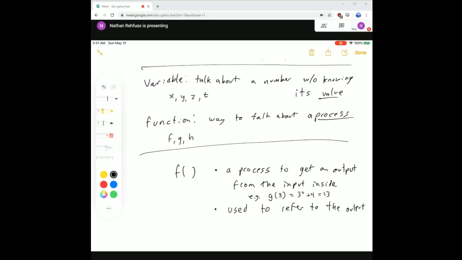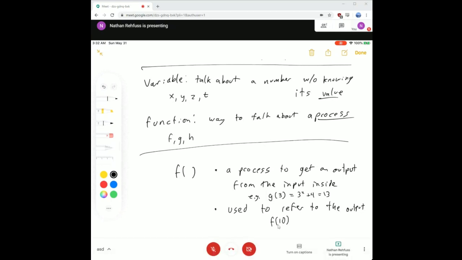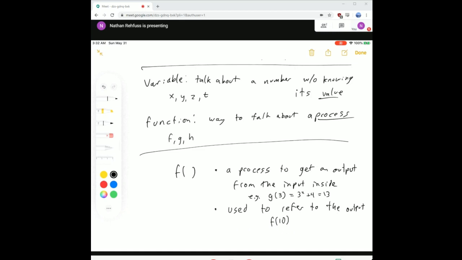Or I could also use it to refer to the output. So I want to talk about the number f of 10, even if I don't know the rule for x. I can treat f of 10 like an unknown quantity. So this whole thing behaves like a variable. I can add numbers to it. I can subtract numbers from it.